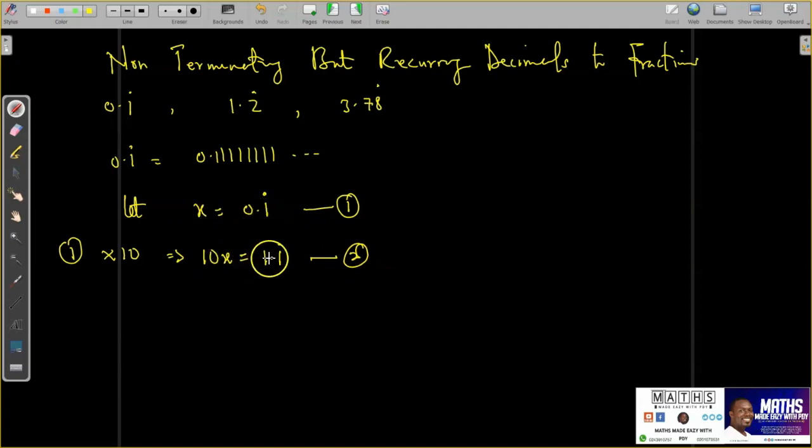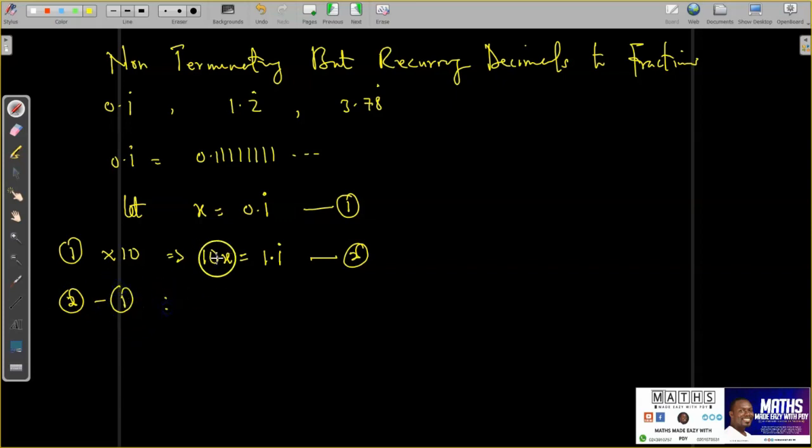Equation 2 has 1.1 recurring. So at this point, I can get rid of the recurring values, and the best way of doing that is to simply subtract.